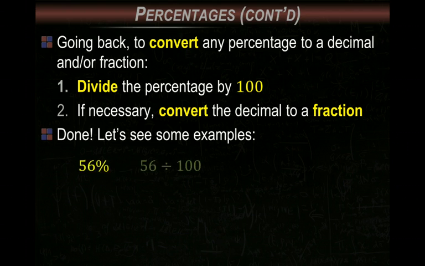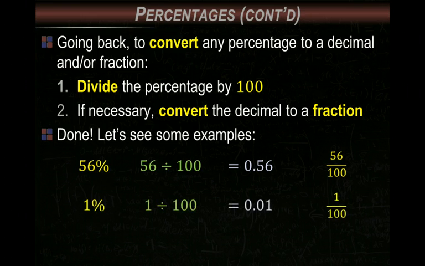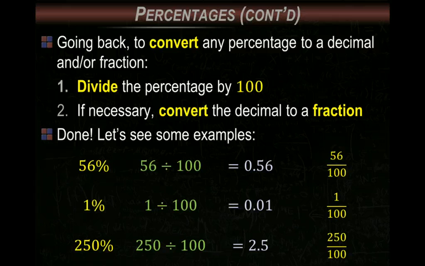Watch. 56 divided by 100 equals 0.56. 0.56 is really 56 over 100. 1% is really 1 divided by 100, which is 0.01, which is really 1 over 100. 250% is really 250 divided by 100, which is 2.5, which is really 250 over 100, or you could write it as 2 and 5 over 10. There are a couple ways you could do that one.